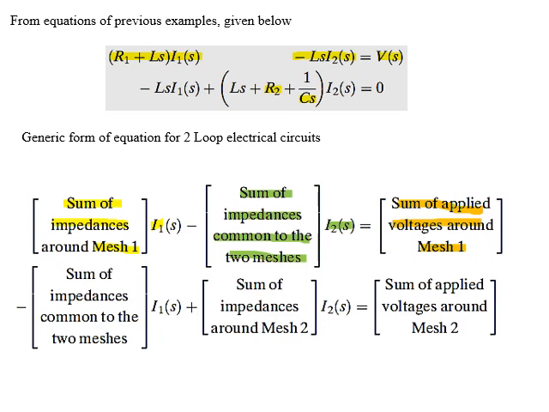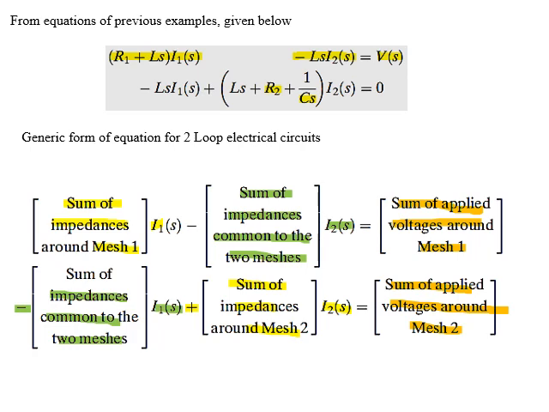Similarly for the second mesh, the equation will turn out to be the sum of impedances around mesh 2 multiplied by the current of mesh 2, which is I2, minus the sum of impedances common to both meshes multiplied by I1(s), will be equal to the sum of applied voltages around mesh 2.